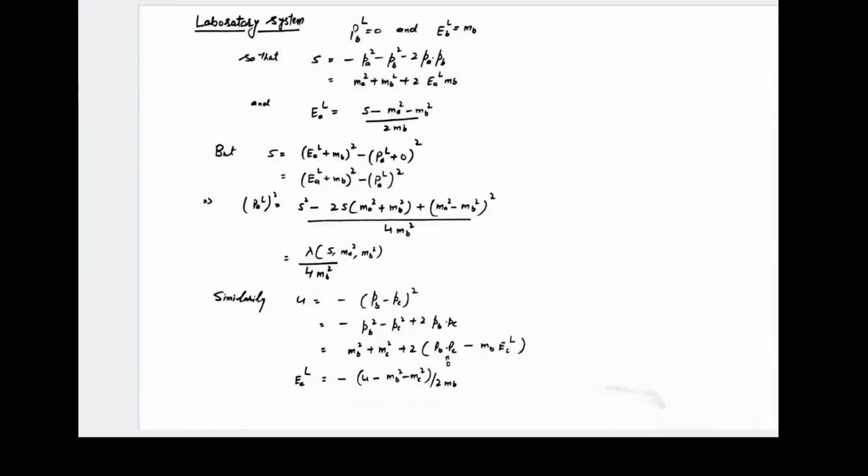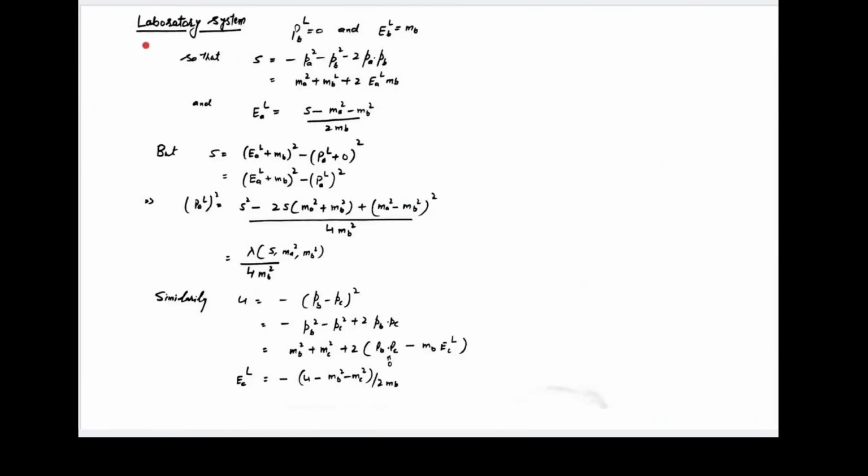Now let us find energy, momentum and theta in terms of S, T and U in the laboratory frame of reference, in the laboratory system. For the laboratory system, suppose the B particle is at rest and the A particle is moving.